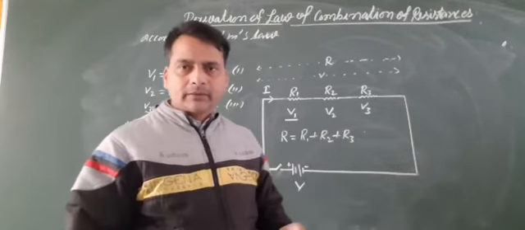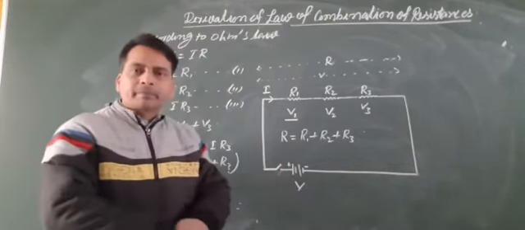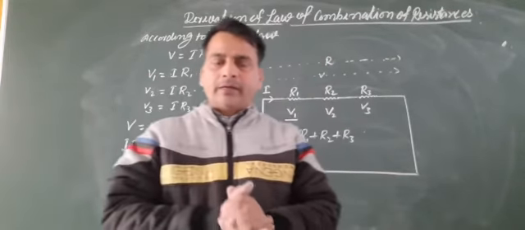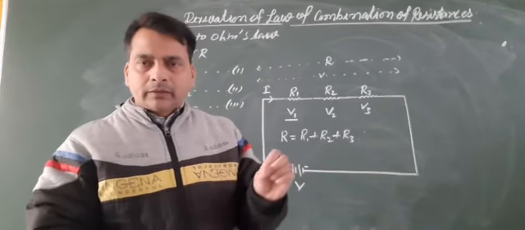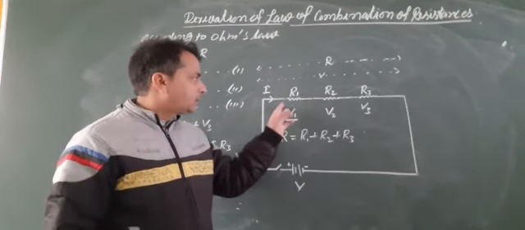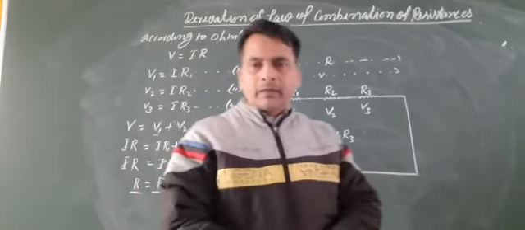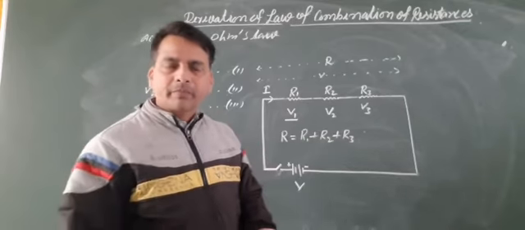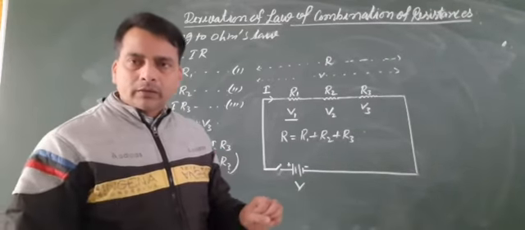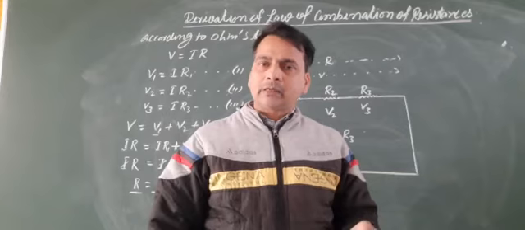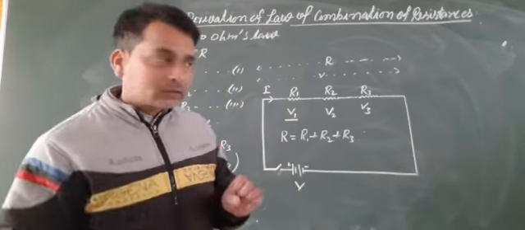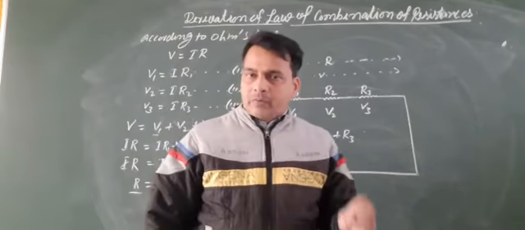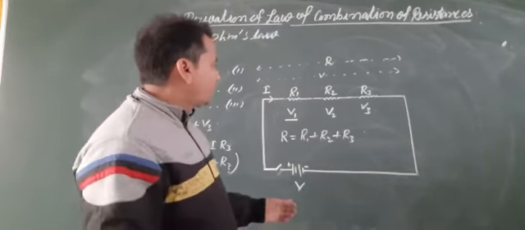It is clear that if the resistors used in the circuit are in series combination, then the total or equivalent or net resistance is the same as the sum of the individual resistors.